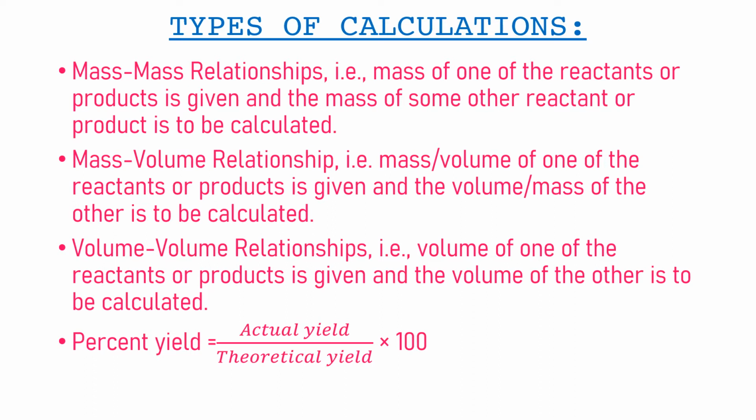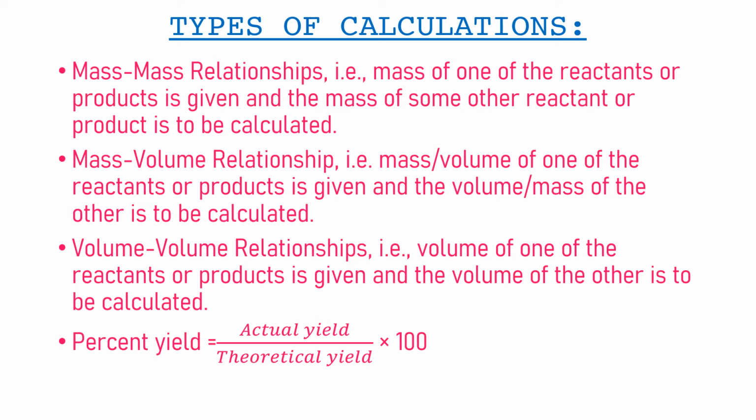Now we can say that the actual yield of the product in any reaction is usually less than the theoretical yield, that is, the yield calculated from the balanced chemical equation. Like previously we have seen one example of calcium carbonate. Why is this so? This is because of certain side reactions taking place or less than ideal conditions.